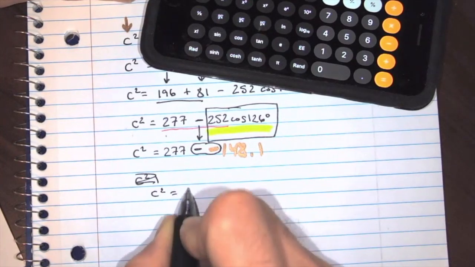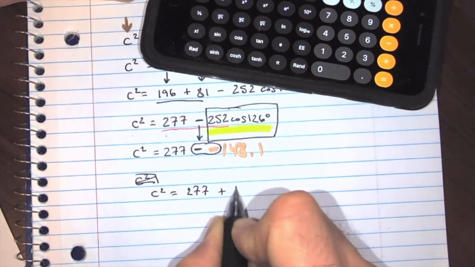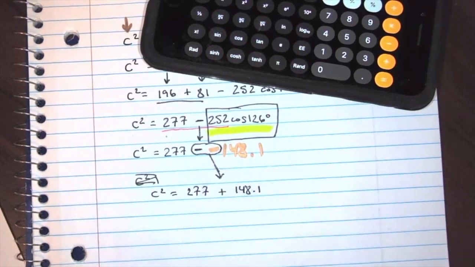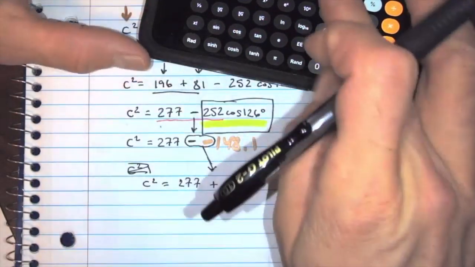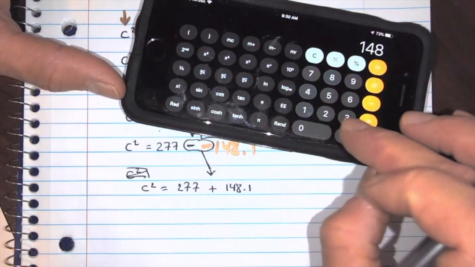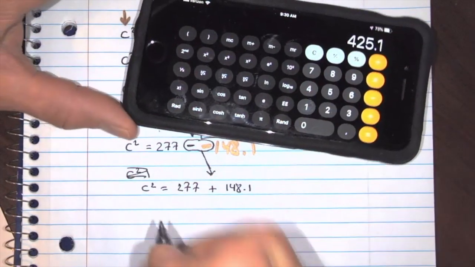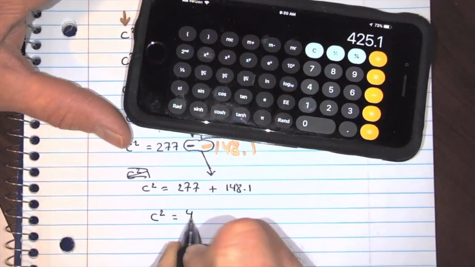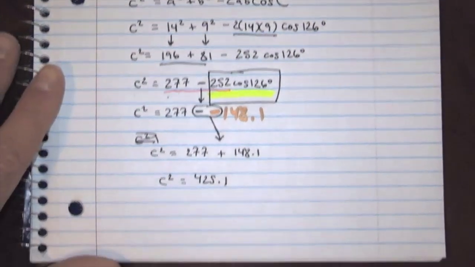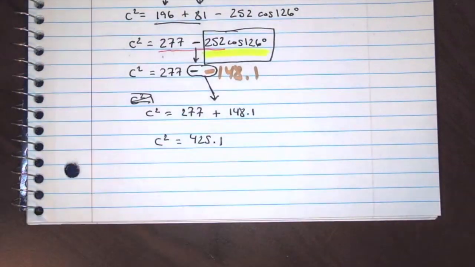C squared equals 277 plus 148.1. We didn't have that on the last problem. So I'm throwing a curveball at you. 277 plus 148.1. So I'm getting C squared equals 425.1. Let me make sure everybody can see this.